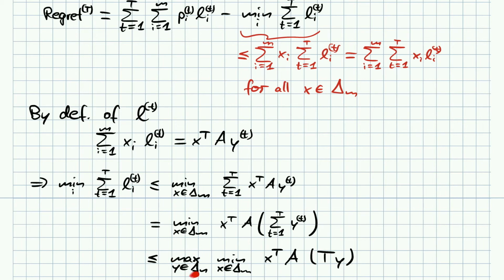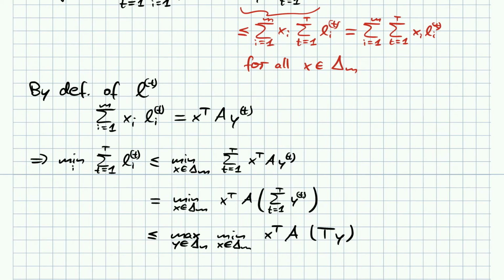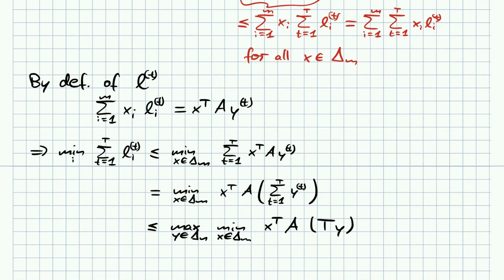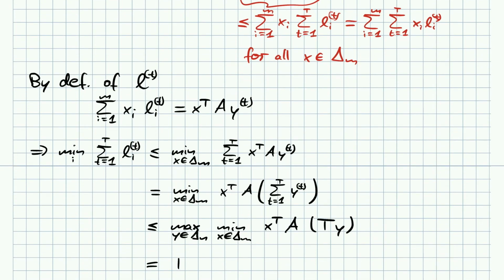Because this can be no larger than whatever maximizes this here. Okay, we're taking now t times this respective y. Good. So we can also take this capital T out here.